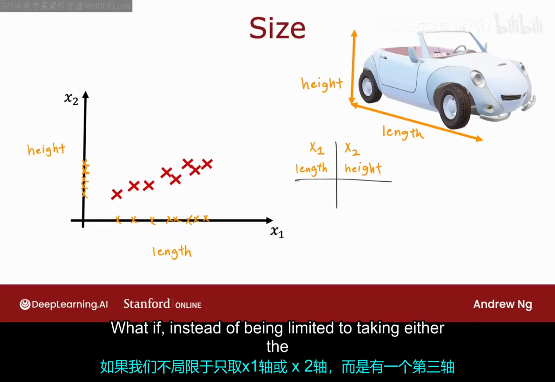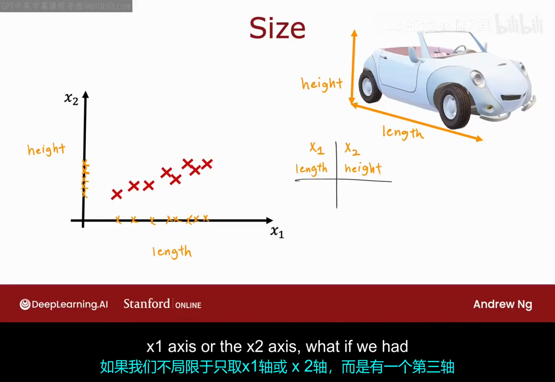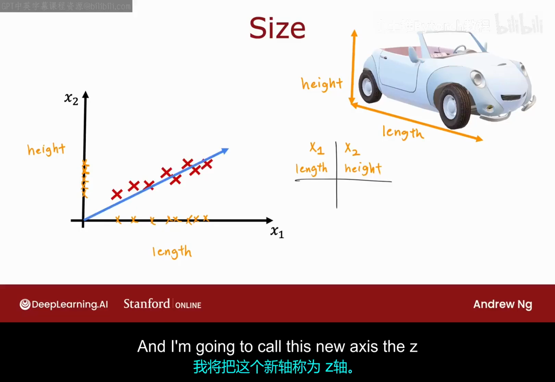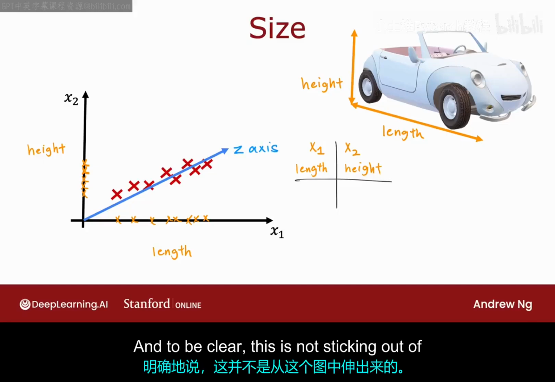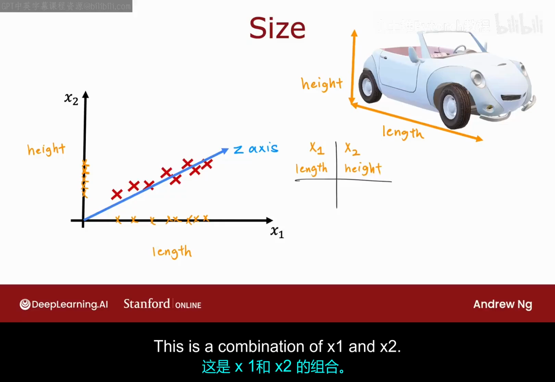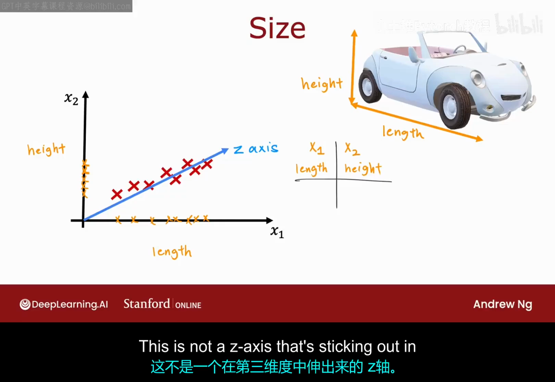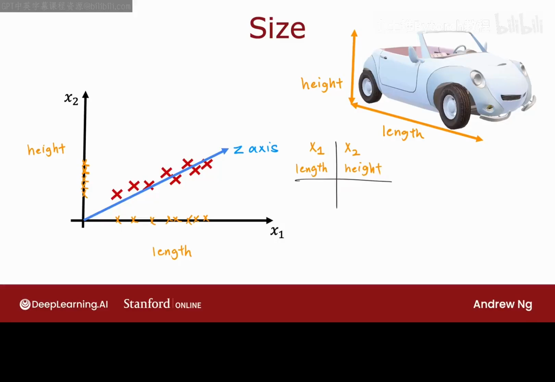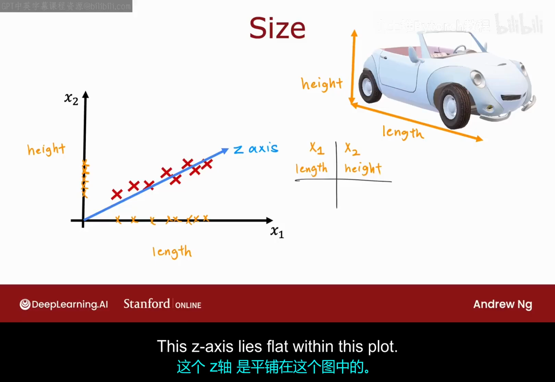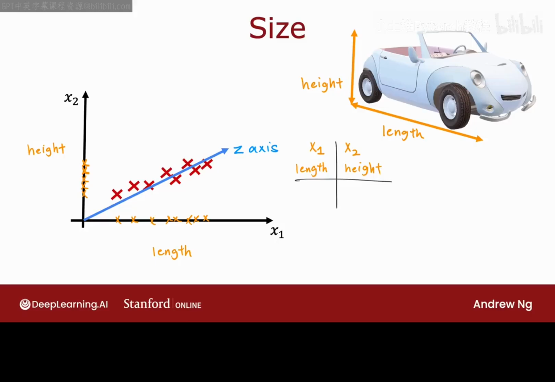What if, instead of being limited to taking either the x1 axis or the x2 axis, what if we had a third axis, and I'm going to call this new axis the z-axis. And to be clear, this is not sticking out of this diagram. This is a combination of x1 and x2. This is not a z-axis that's sticking out in the third dimension. This z-axis lies flat within this plot.